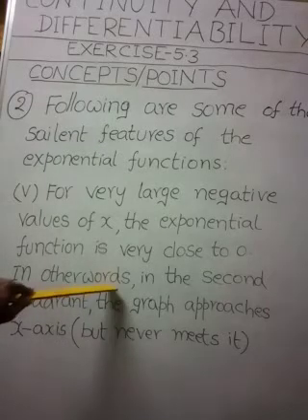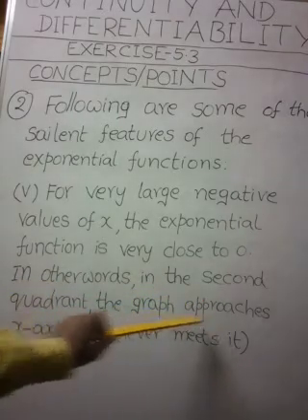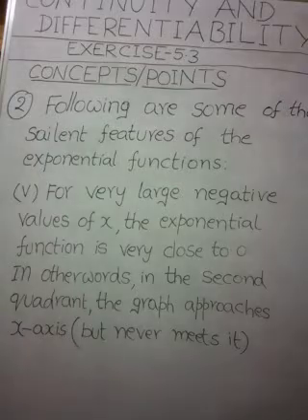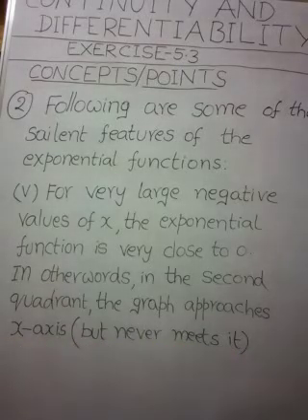In other words, in the second quadrant, the graph approaches the x-axis but never meets it. It is very close to the x-axis. These are all salient features of exponential functions. Understood?